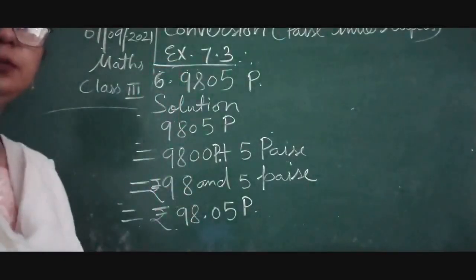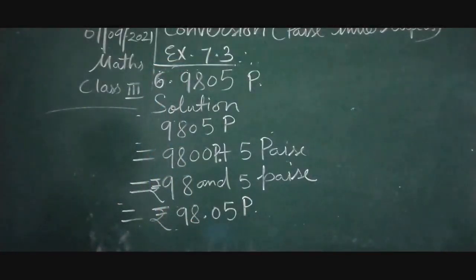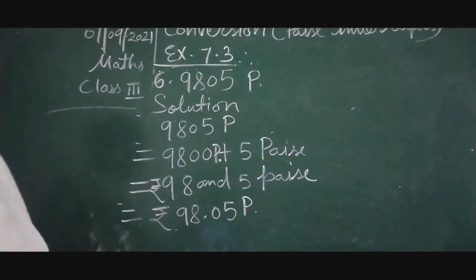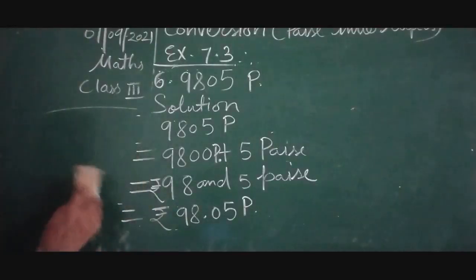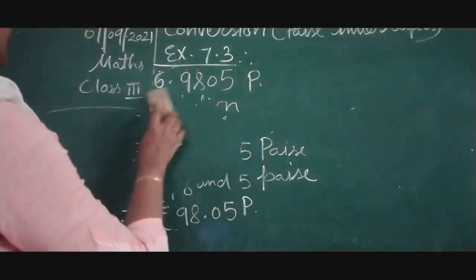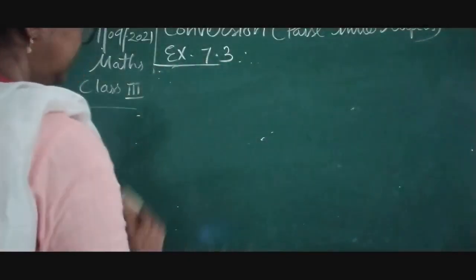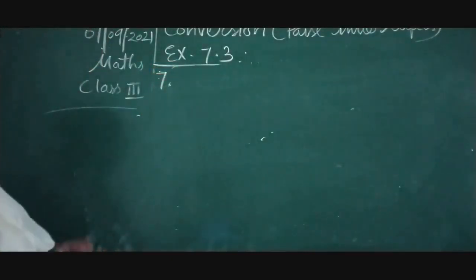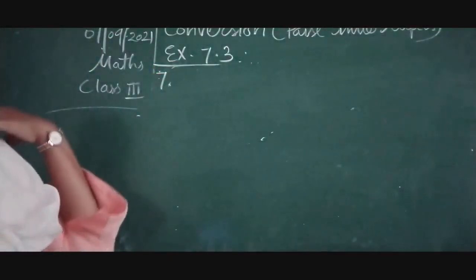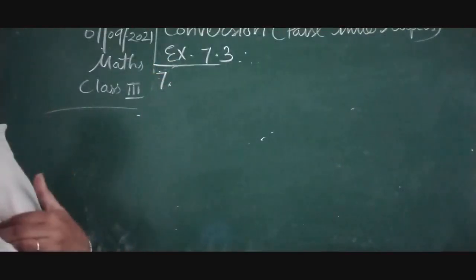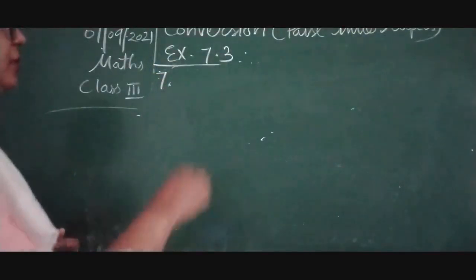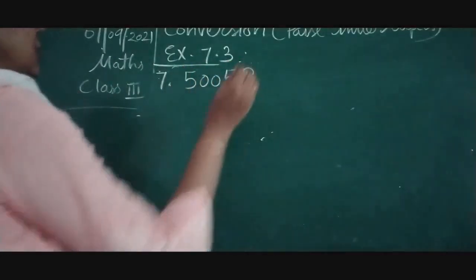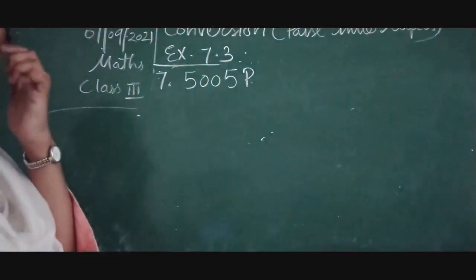Take a screenshot. Now we are going to do, children, 7 number. Just complete it. At 7 number you can see 5005 paise. ठीक है, 5005 paise.